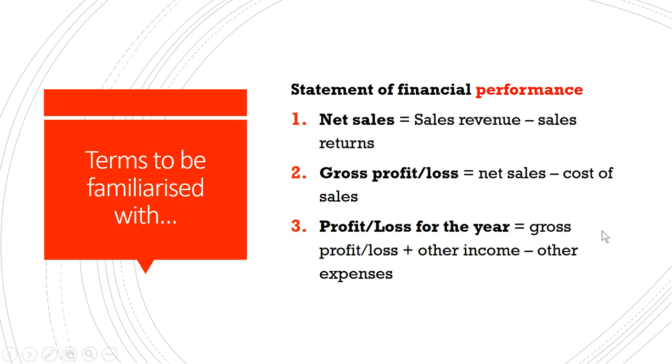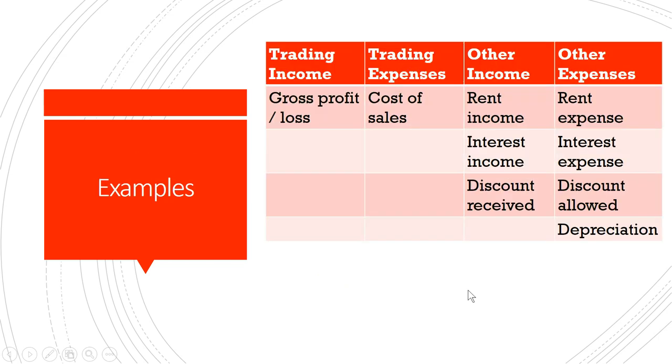It is equal to the gross profit or loss calculated in 2, add any other income, and then finally subtract other expenses. Later, when we look at the statement of financial performance, you will notice that we always list out all the income first before we subtract all the other expenses to get our profit and loss for the year.